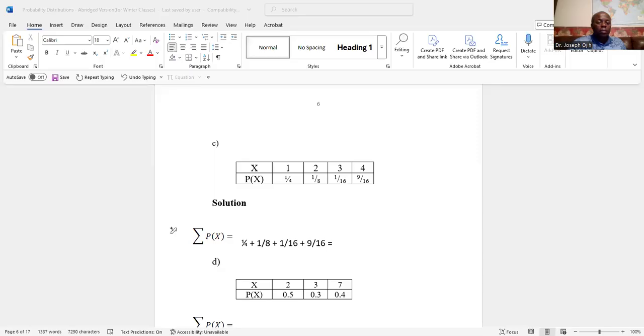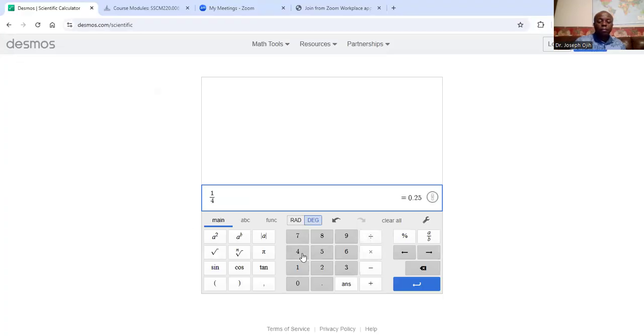So I got 1 divided by 4 plus 1 over 8 plus 1 over 16 plus 9 over 16. You can see it gives us 1.